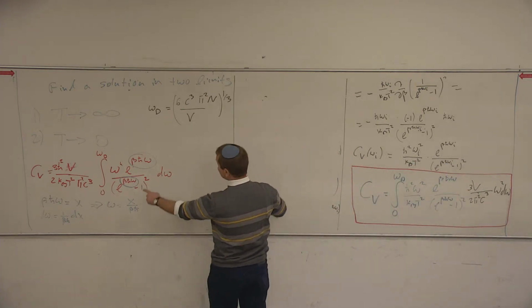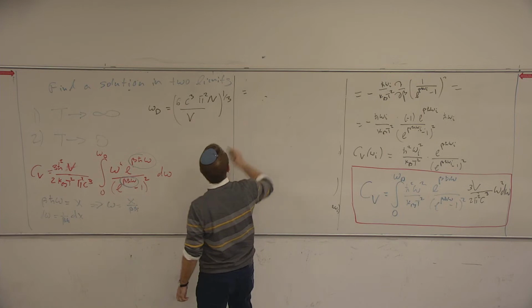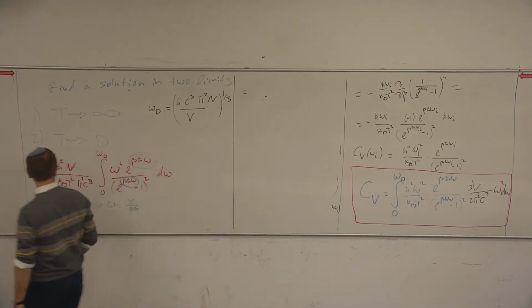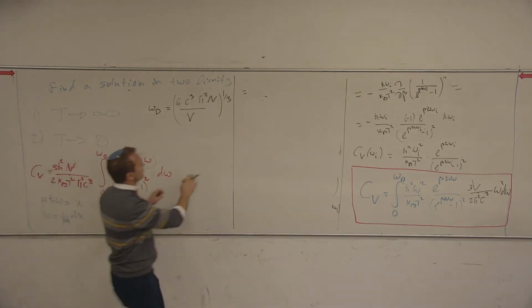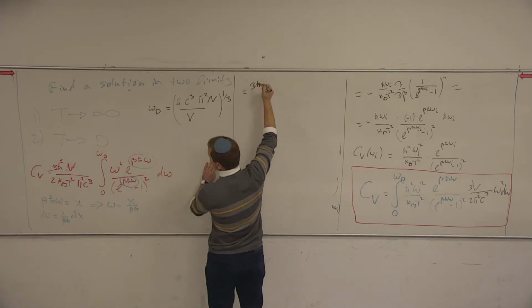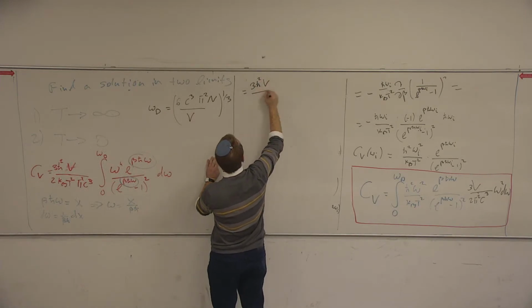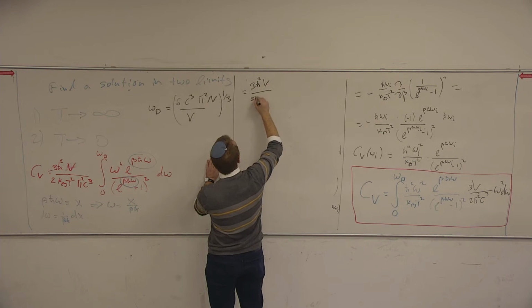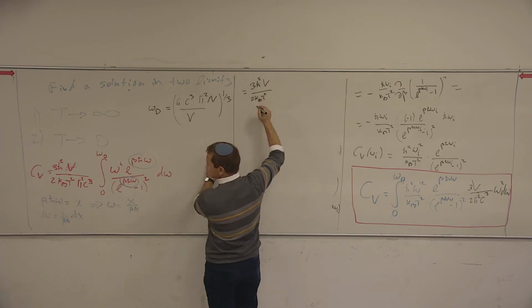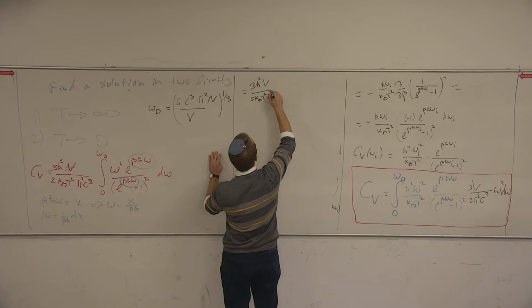Okay, so what we are left with is all of this prefactor, right? So we have 3 h bar squared V divided by 2 k Boltzmann T squared pi squared c to the third.